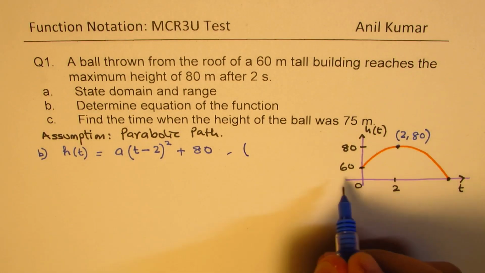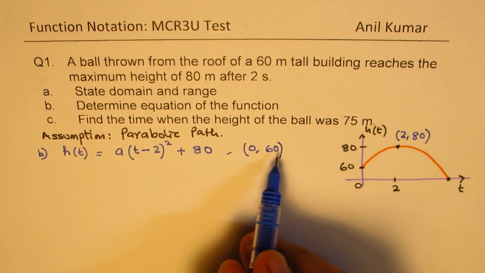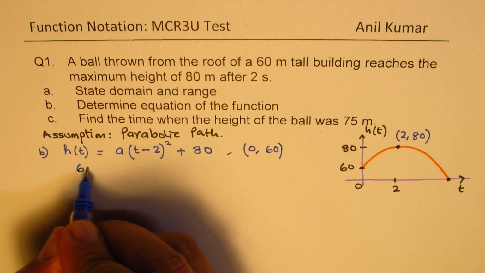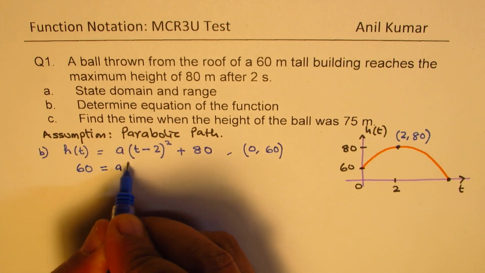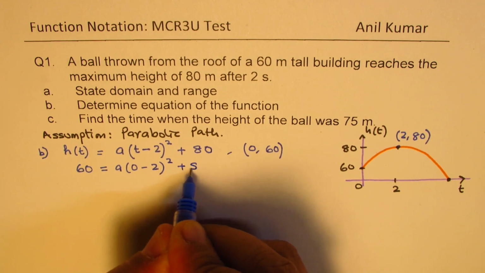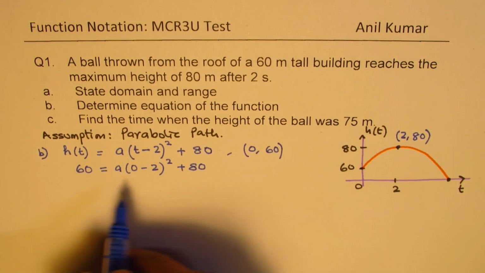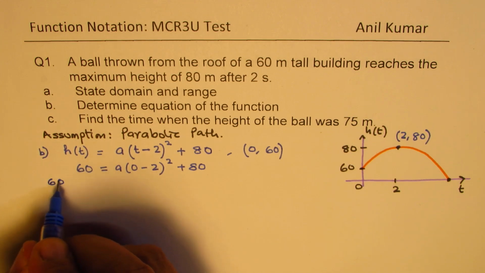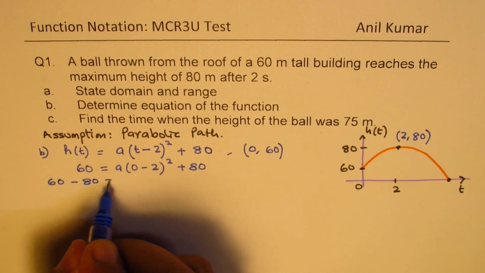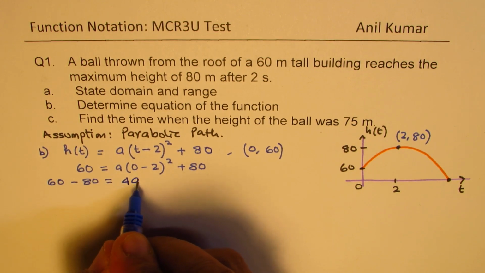We need to find the value of a, which we can find using the given point. So we'll now substitute at t equals 0, the height is 60. So when you substitute this, we get 60 equals a times 0 minus 2 whole square plus 80. So that gives you, we'll do 60 minus 80, 2 square is 4, 4a.